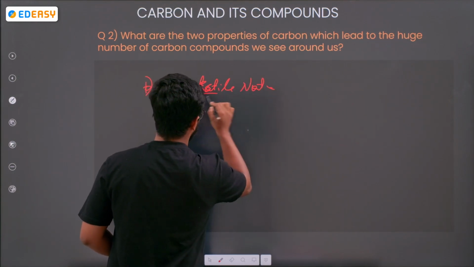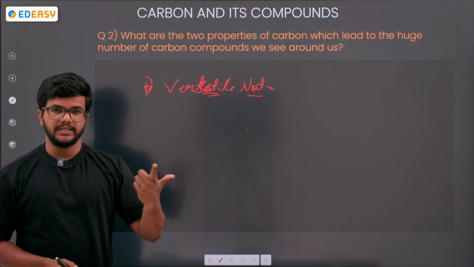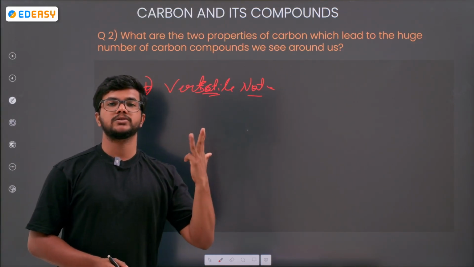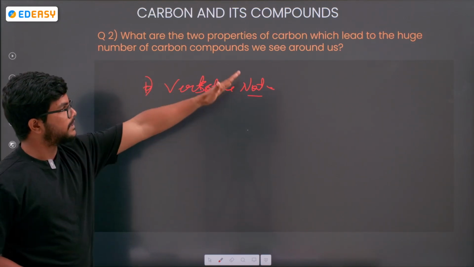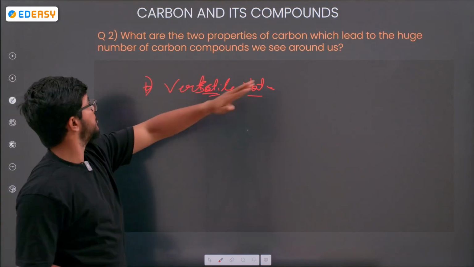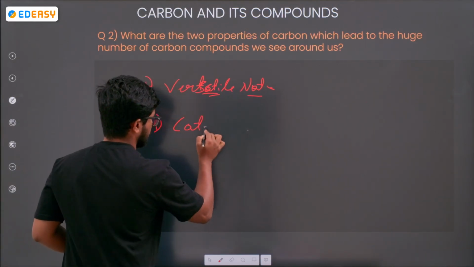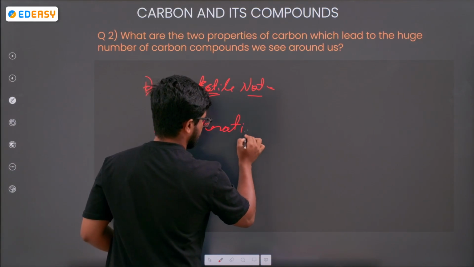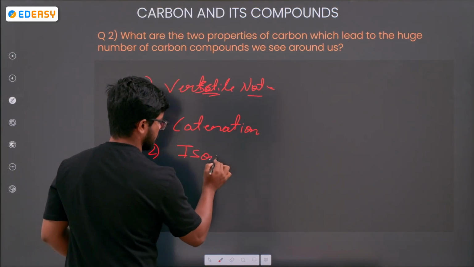Under the versatile nature, we have different properties like tetravalency, catenation, isomerization, and also multiple bonds. So what are the two properties which lead to the huge number of carbon compounds? First is catenation, and the second is isomerization.